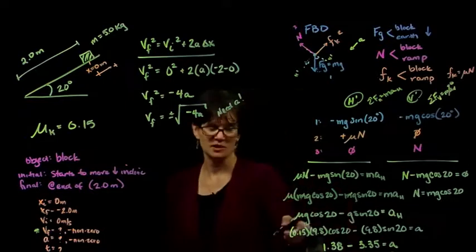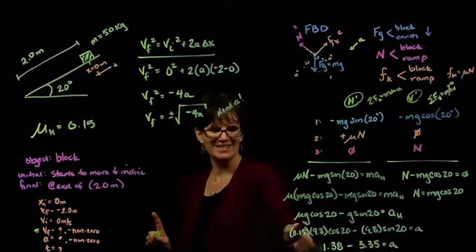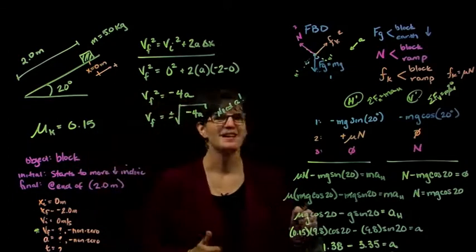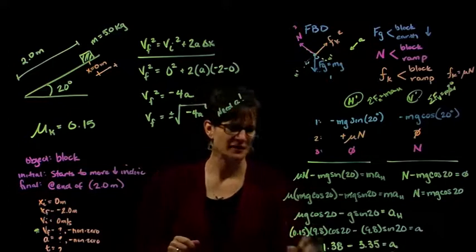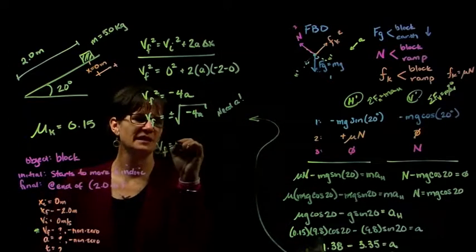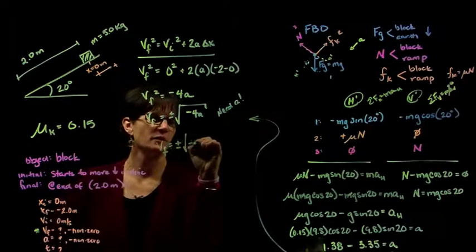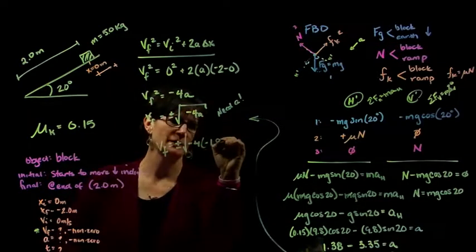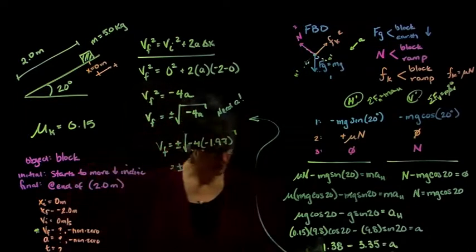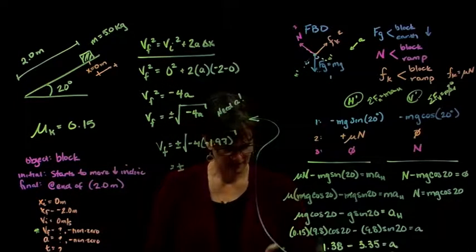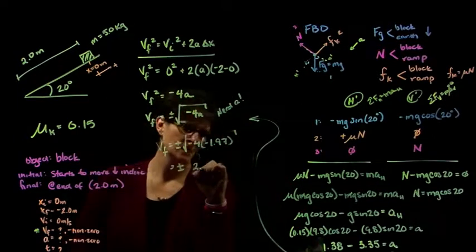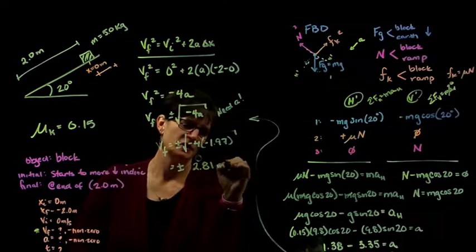All right, so real quick check though, did I think it's going to be negative? Yeah, I did, because remember it's speeding up as it's traveling in the negative direction. I'm going to pop that into this relationship, so we have V final is equal to plus or minus the square root of minus 4 times minus 1.97. And we get V final is plus or minus, take the square root, 2.81 meters per second.